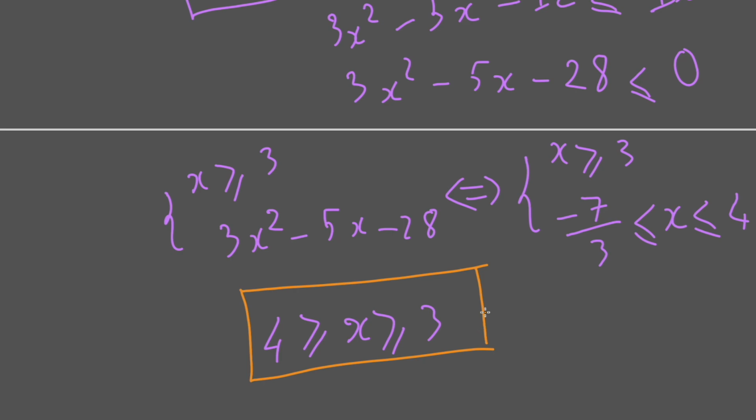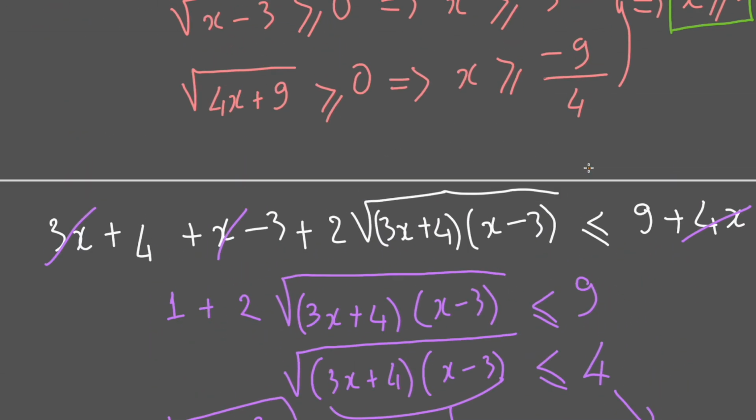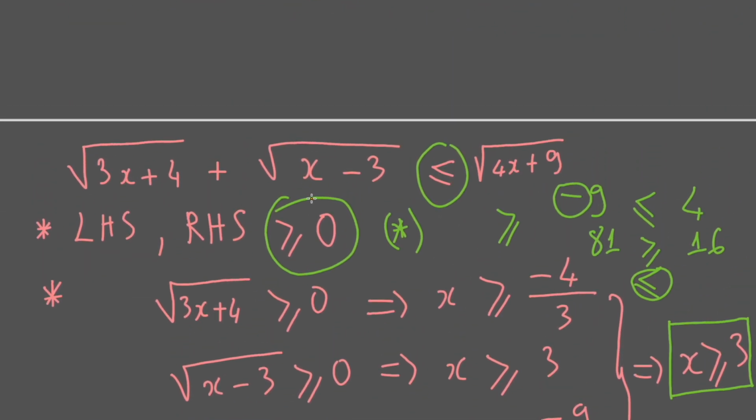For this inequation, the most important thing to remember is that you need to consider the two sides of the inequation when you square both sides, because you have to make sure that both sides are always greater than 0 when x changes value in the domain of x.